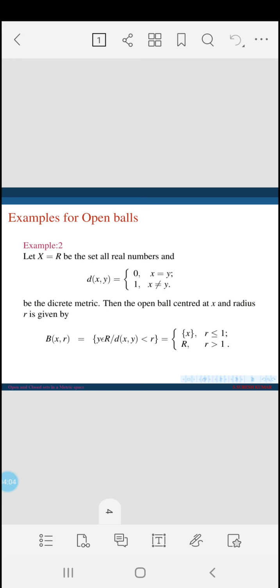When r is greater than 1, then both values 0 and 1 are possible for d(x, y).